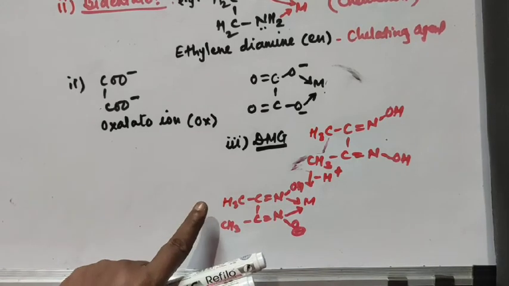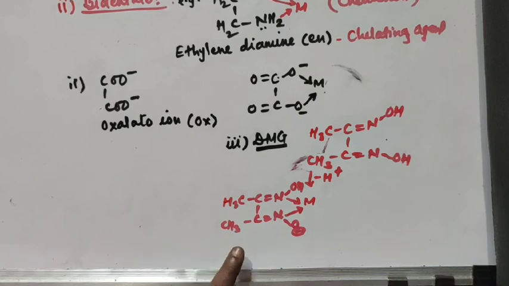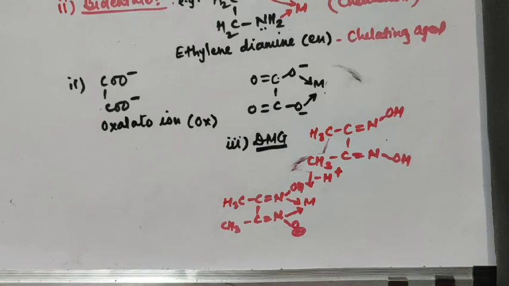So in case of DMG, there is a formation of a 5-membered ring. They can chelate the metal ion from two sides here, and so these are didentate or bidentate ligands. So the first one is monodentate. Another class is didentate or bidentate, where two atoms in the compound can donate the electron pair.